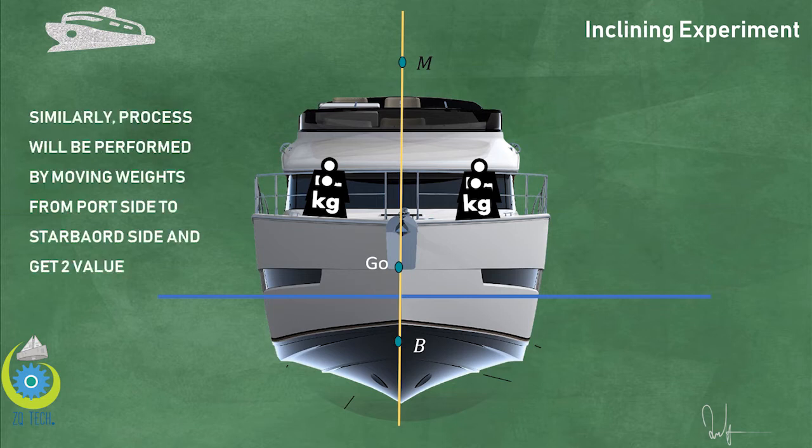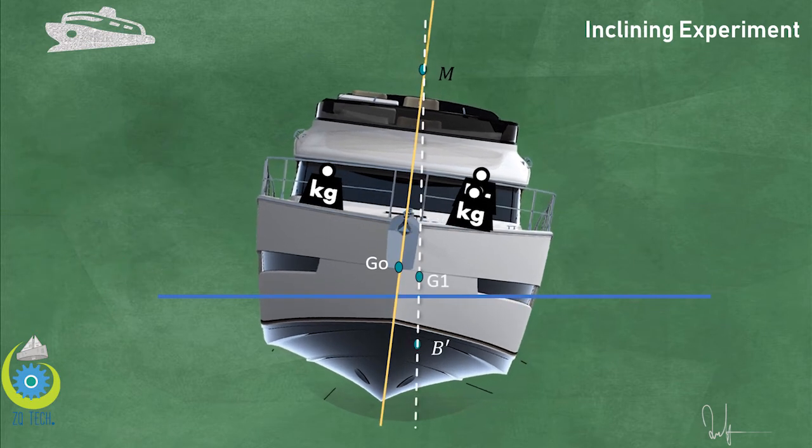So here comes the slide. G0 is basically the original center of gravity of the ship. G1 represents the position of G after it tilts or heels. One thing you must remember is that the terms tilt, heel, bend mean the same, even rolling means the same. In this case, B' is the new center of buoyancy.